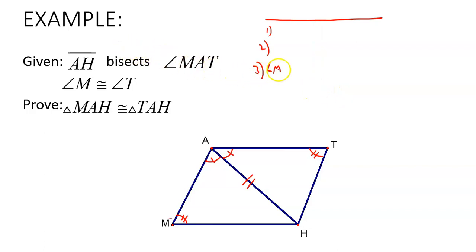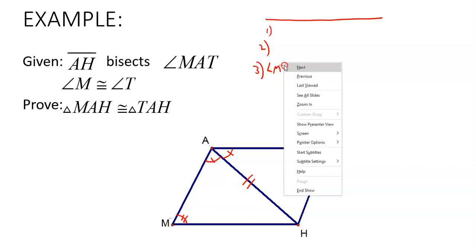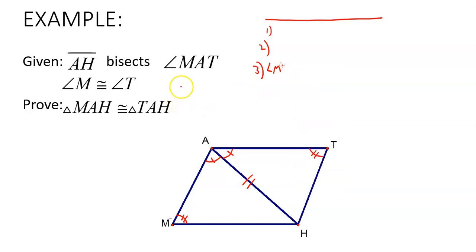Angle MAH is congruent to angle TAH. And I'm going to put this as definition of angle bisector. And then I'll put in AH is congruent to itself.